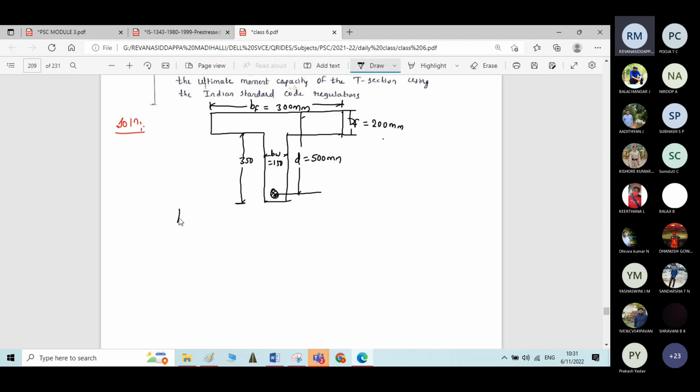Just note all the data here below. So width of flange is equal to 300 mm. Depth of flange is equal to 200 mm. Then width of web is equal to 150 mm. Then effective depth is equal to 500 mm.